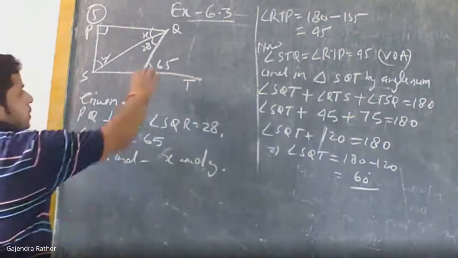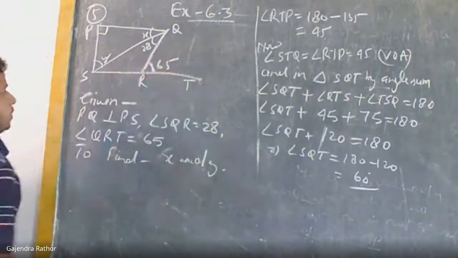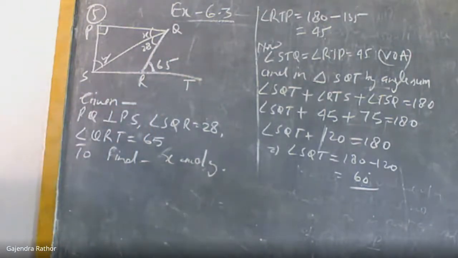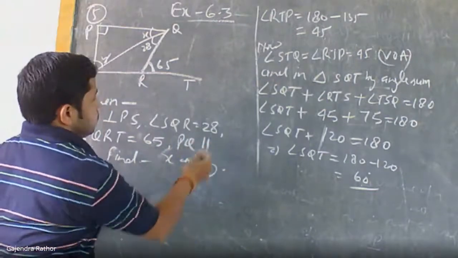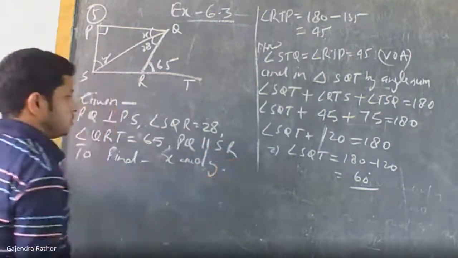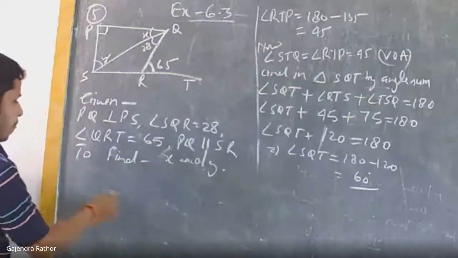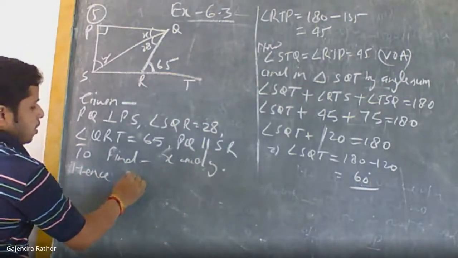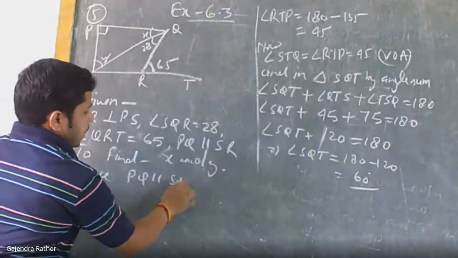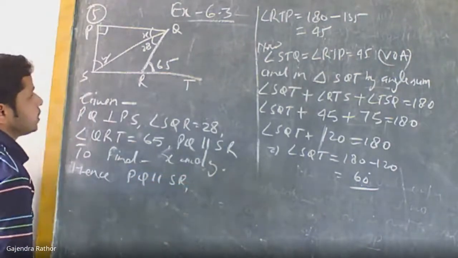Okay, so first observe this is 65. One more point is also given: PQ parallel to SR. So start. Hence, PQ parallel to SR, and what is the transversal?